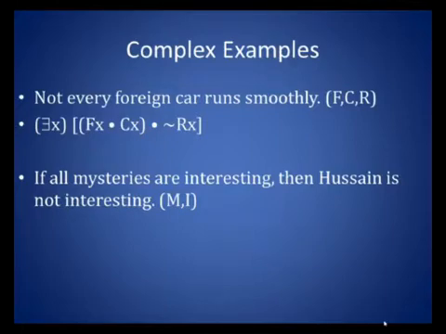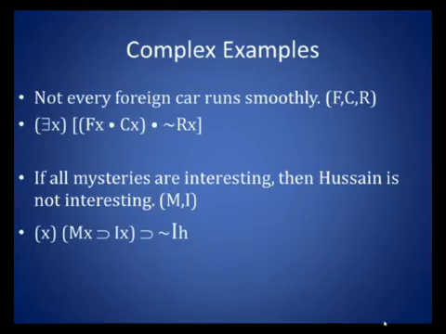Furthermore, the antecedent to this conditional is a universal claim, right? All mysteries are interesting. But notice, my consequent is a singular claim. It's not a universal nor a particular claim. It is a singular claim because it makes a claim about a person, place, or thing. Hussein is a person, a proper noun.